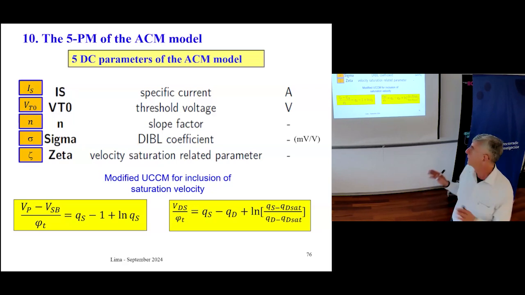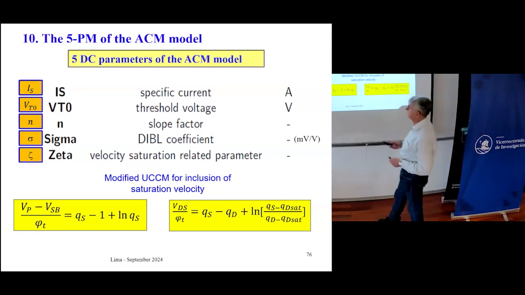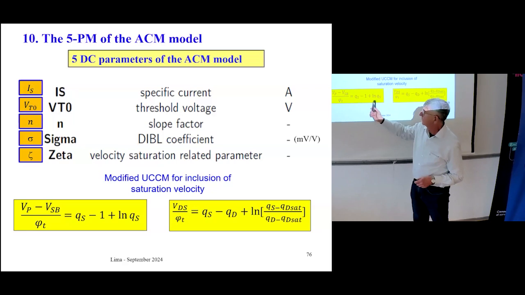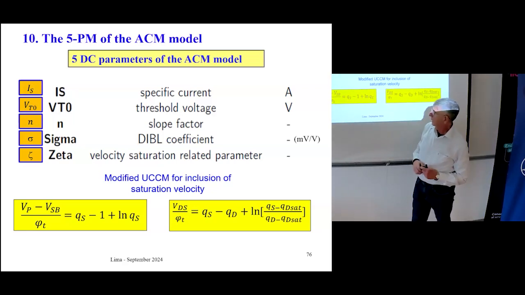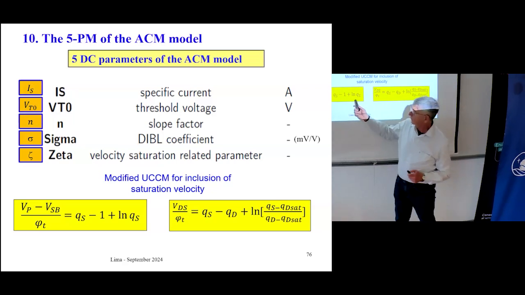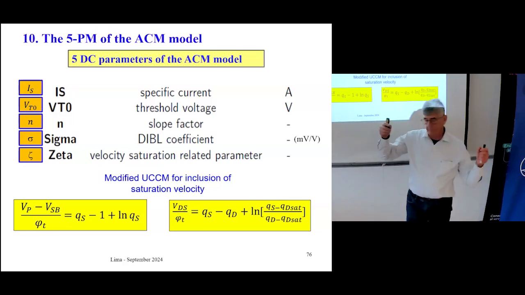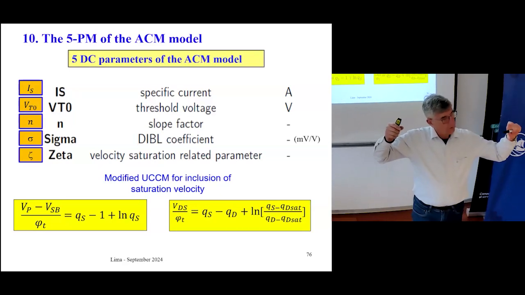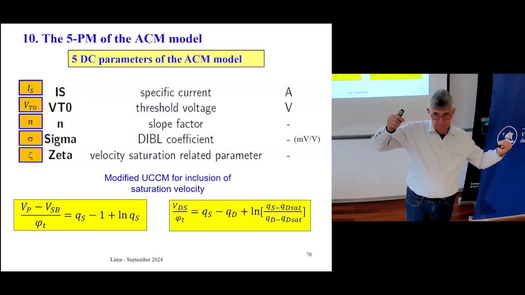Okay, but now this equation is what we have so far written. This is for the source side, and you have this picture here. You are increasing the voltage, the drain voltage, right?